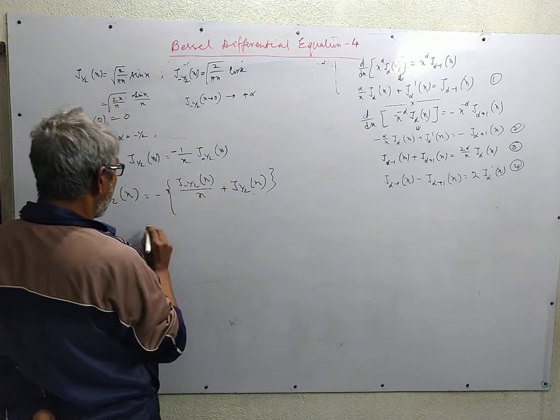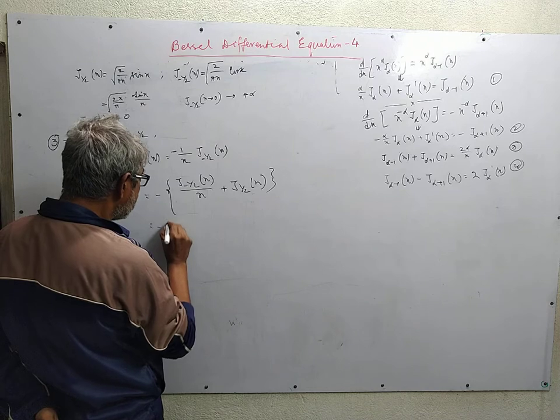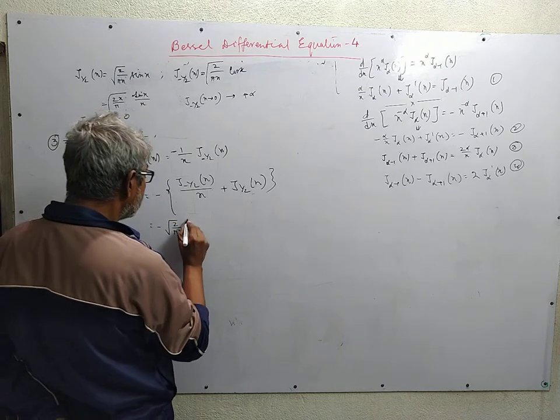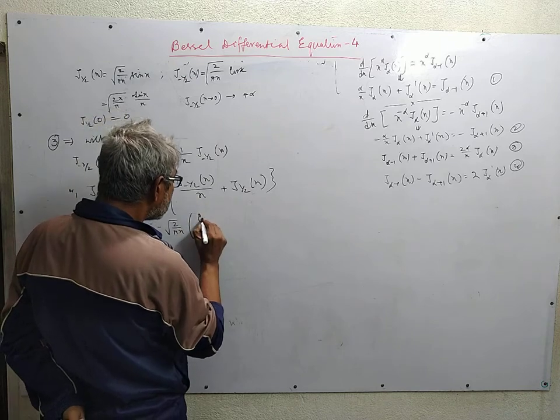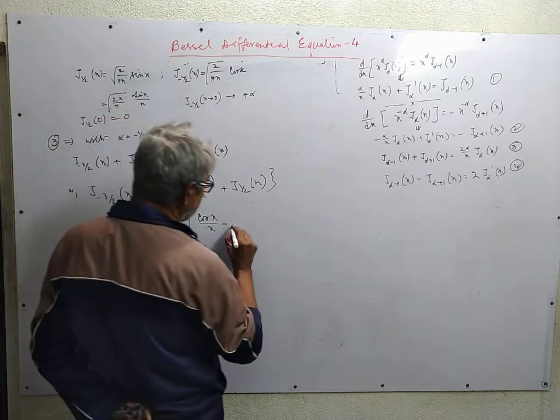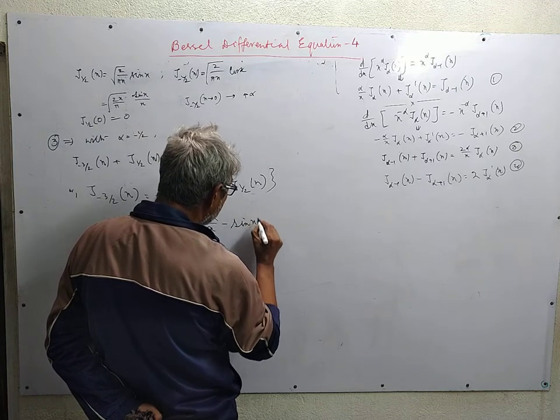With root of 2 by pi x taken common, this is cos x by x minus sin x.